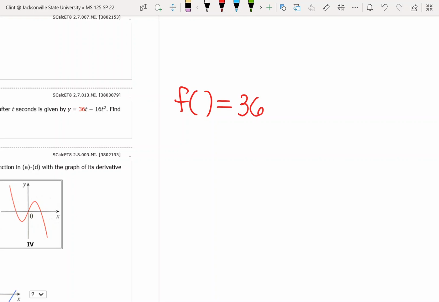Well, f of t, I guess. What we want is the limit as h approaches 0. We're using the limit definition of the tangent.